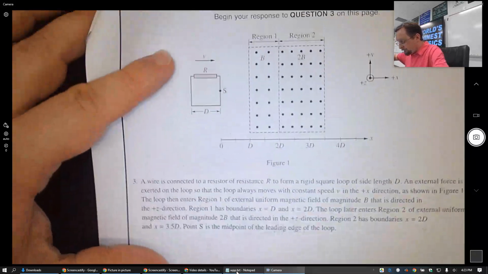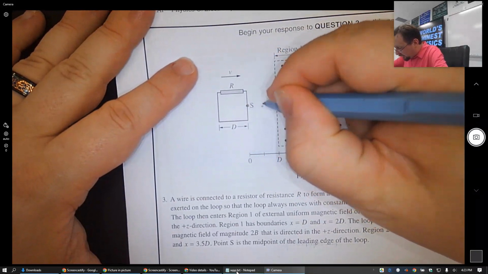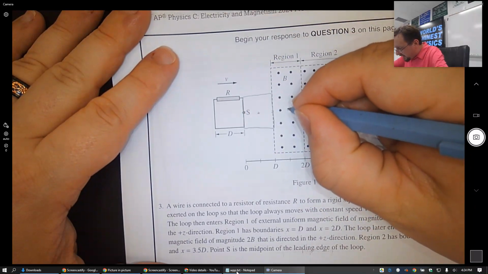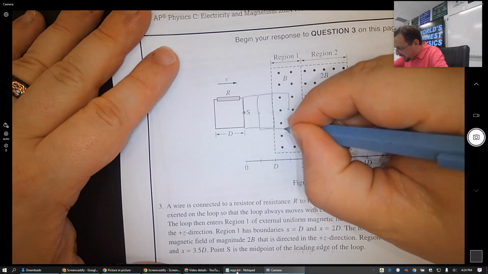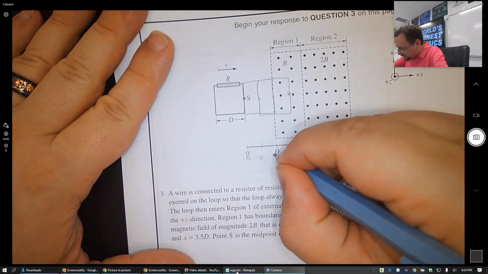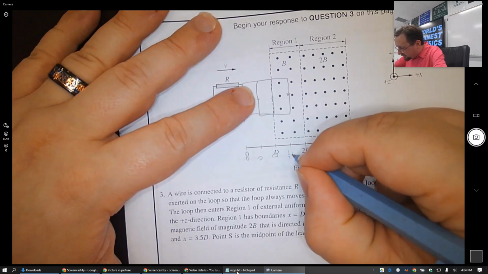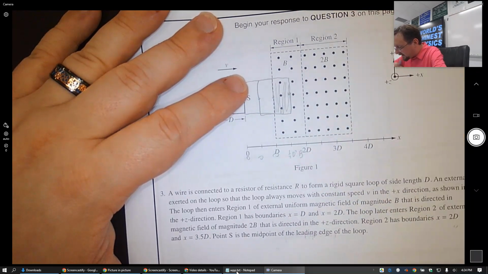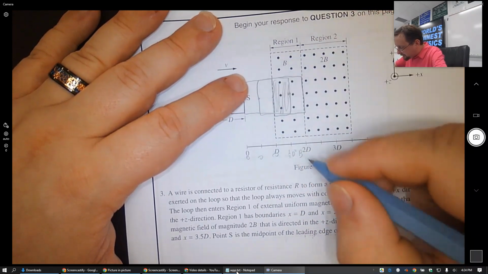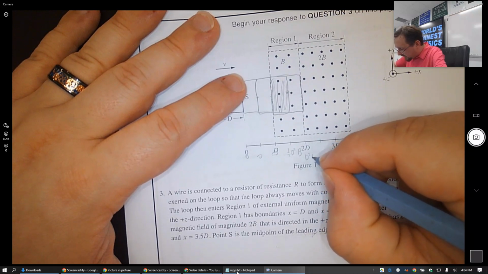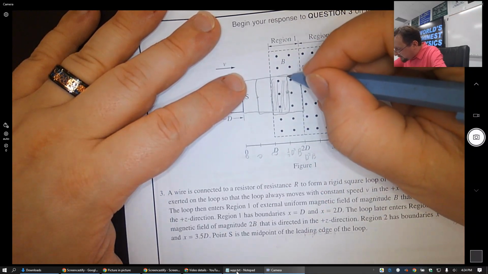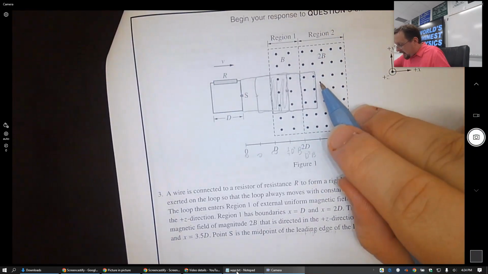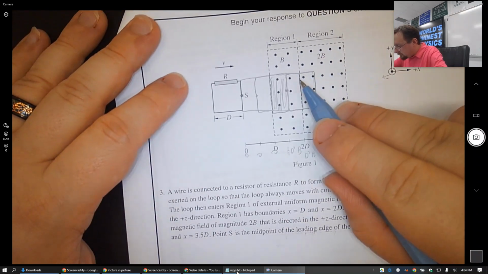So here we go. No flux, no flux, no flux, but we're about to start having flux. Okay. Now, this is going to be an amount of flux here. 0, 0, 0. This will be 1/2 d squared times B, because it's half the area, d squared, in a magnetic field B. And then now this is going to be 1 full d squared times B. And then here, this is going to be 1/2 times 2 plus 1/2 times 1.